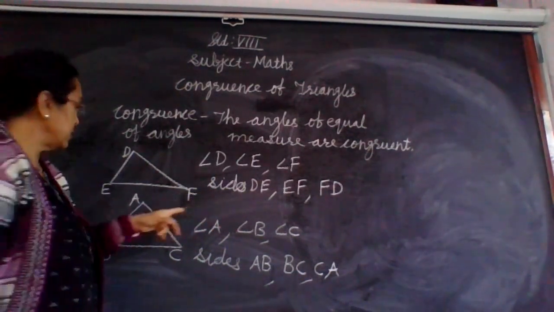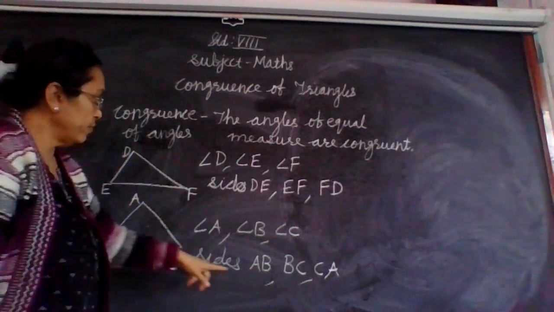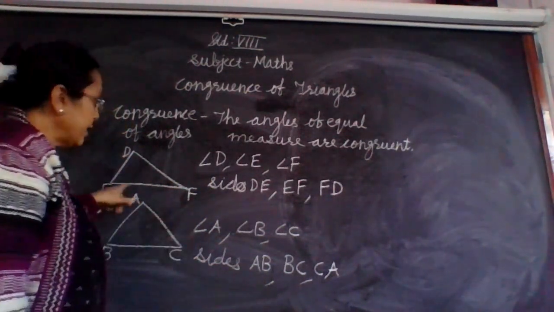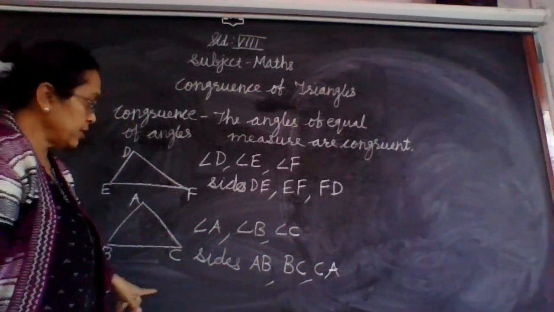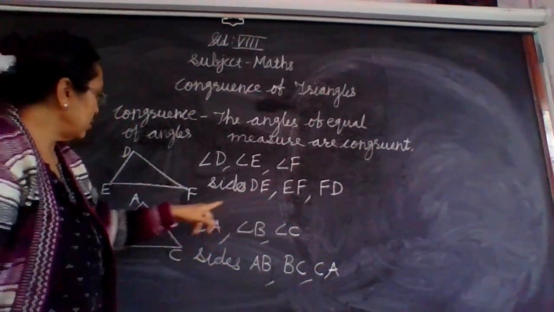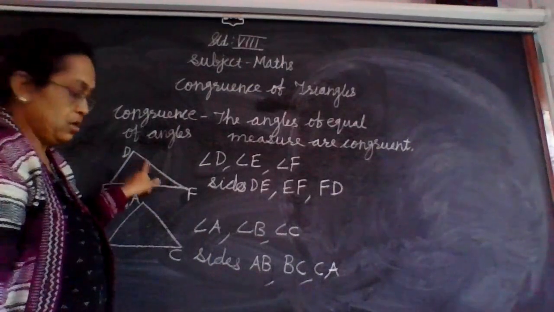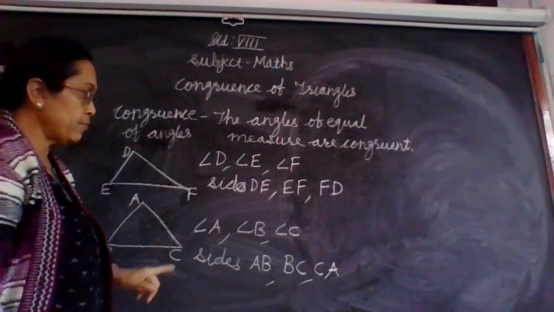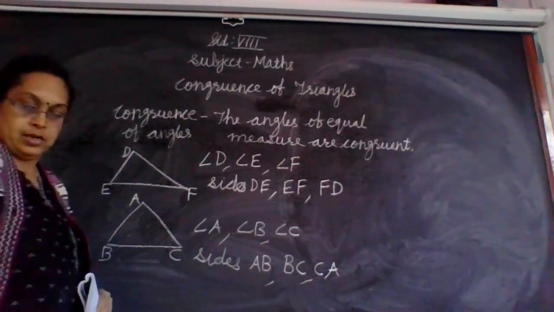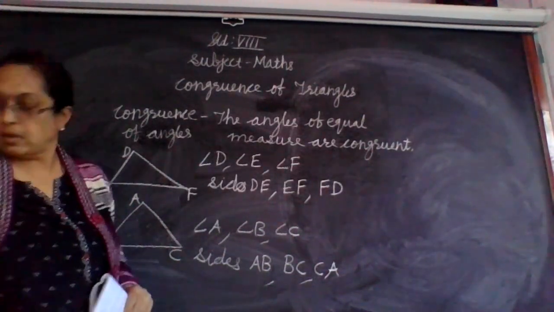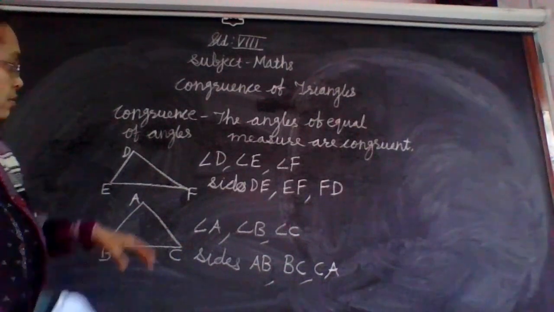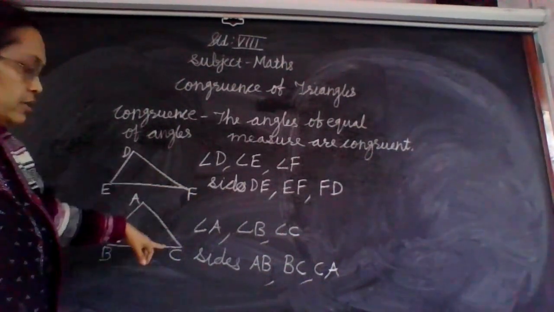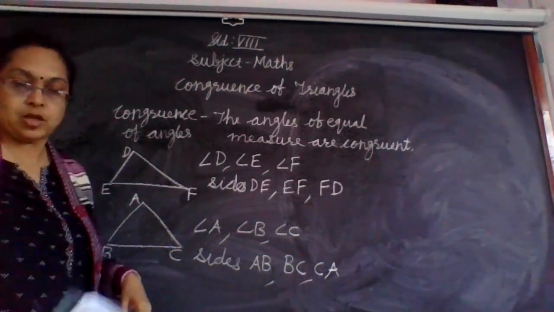Then also for sides: is side DE equal in measure to AB, side EF equal to BC, and the third side FD equal to CA? That means of the same measure. So in congruence we have to see three plus three, means 6 factors.